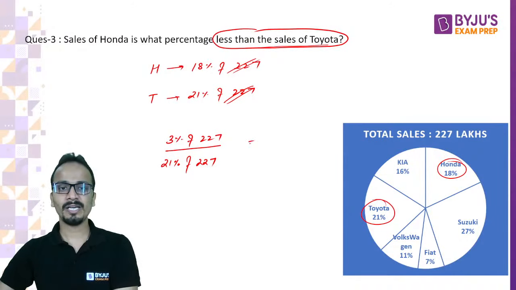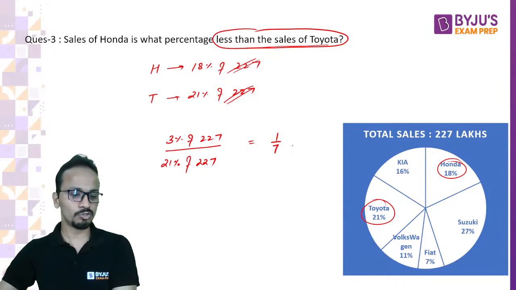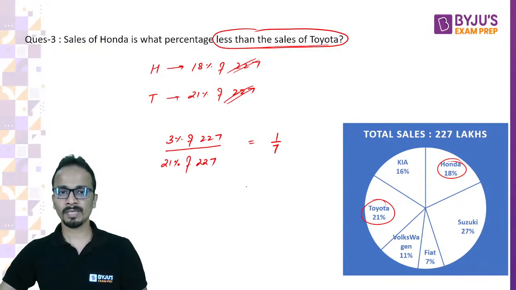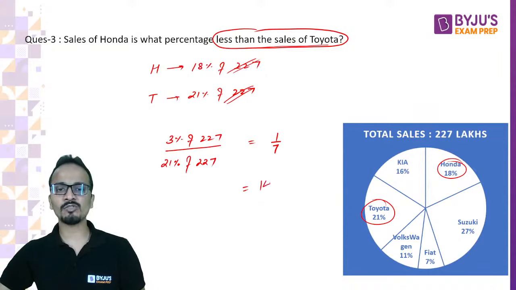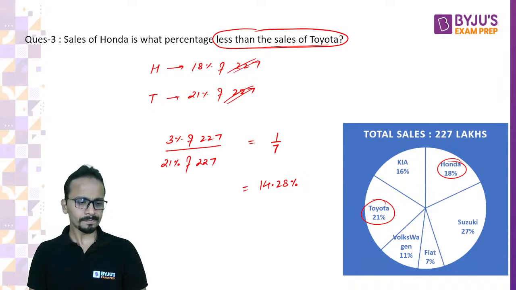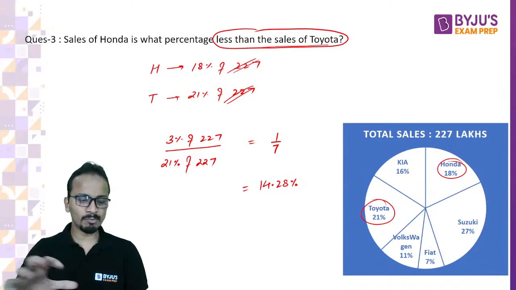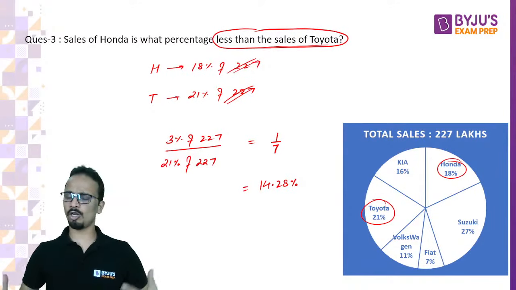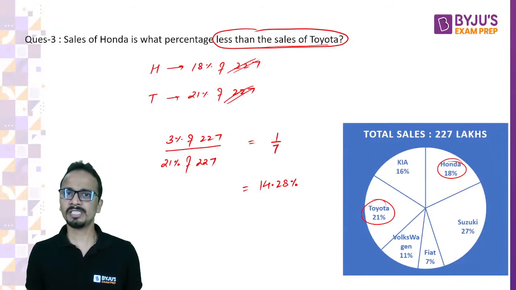So here the answer will be 3 upon 21, or simplifying it, 1 by 7. And 1 by 7, as we have already seen earlier in this session, is 14.28%.